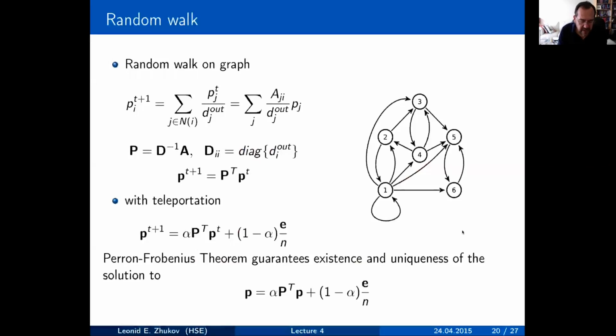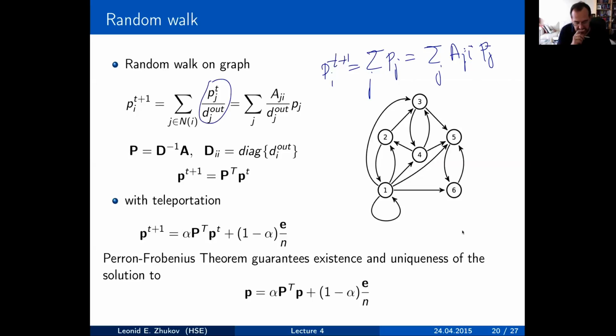Instead of writing, as we did previously, p at t plus 1 on node i equal to a summation over the nearest neighbors, which we did with the matrix calculation, instead of just adding up the values that come from the nearest neighbors, we need to normalize them by their out degrees.